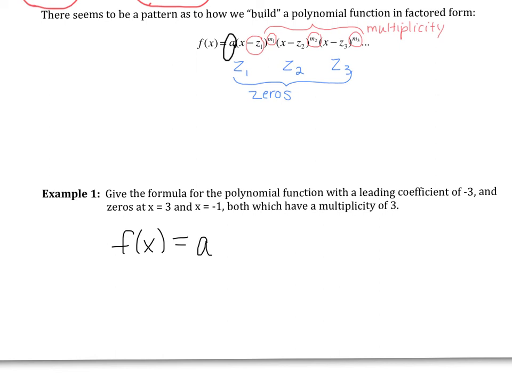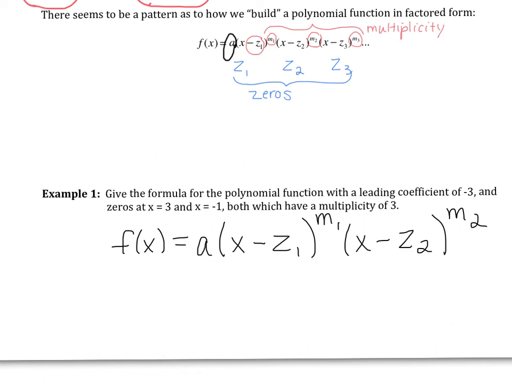It's going to have a leading coefficient. I'm going to have x minus whatever my first zero is, and that zero is going to have some multiplicity. And then I'll have x minus whatever my second zero is, and that's going to have some multiplicity as well.